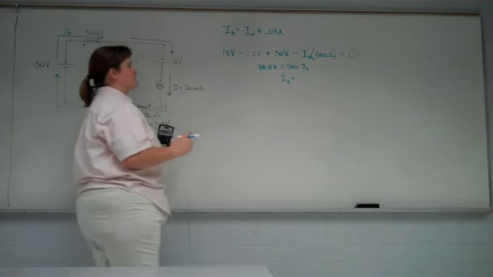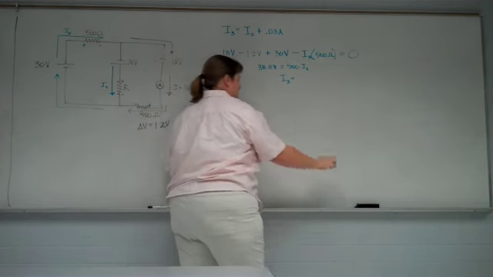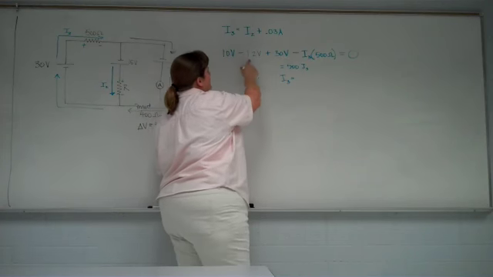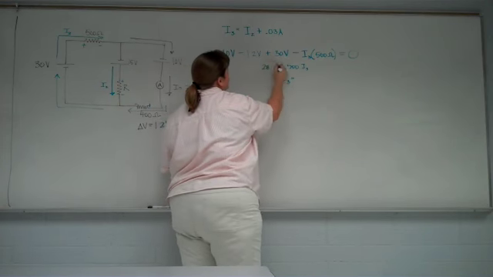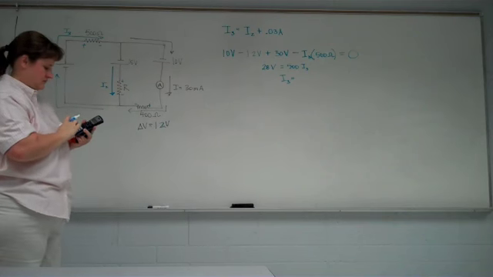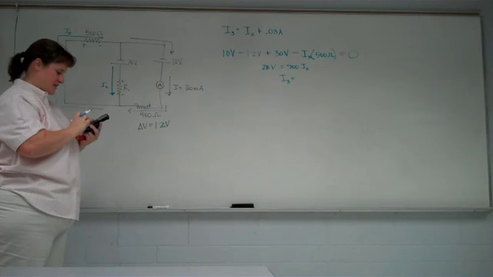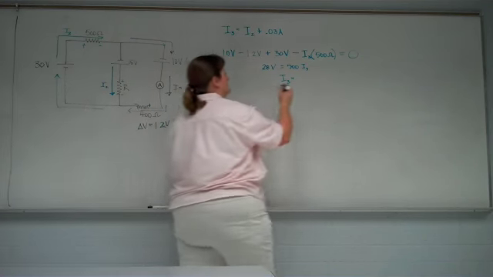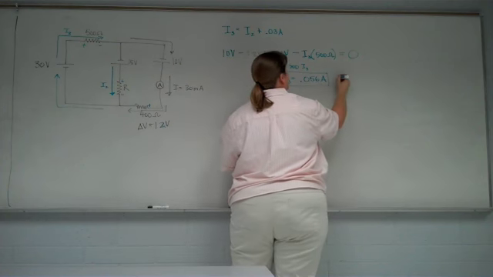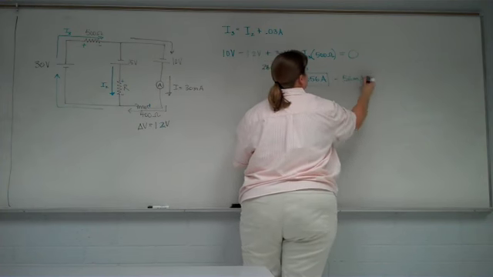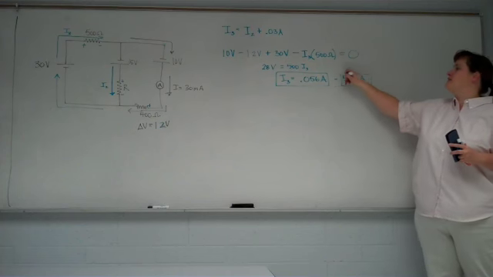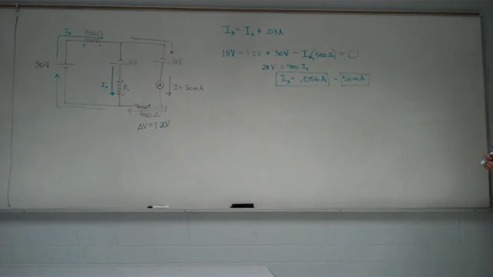It's 12, not 1.2. So 10 minus 12 would be negative 2, so we get 28 volts. So 28 divided by 500. 56 milliamps. Yep. So either way, you can write it in milliamps or regular amps. Doesn't matter.